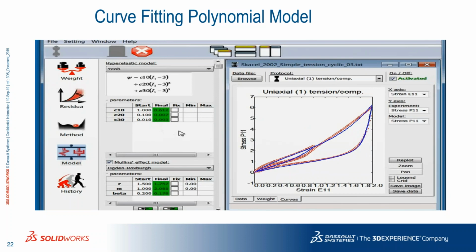In this case, the model is varying the curve, so I can see the blue curve, that is the model calculated from the constants, if it fits with the real data that I have in red. So if it matches, or is very similar, if it matches the curve, I can use those constants in the software. Okay, so it's not an easy task, but it's a process that you can take.